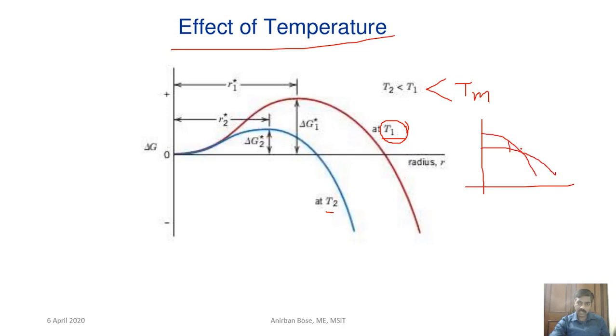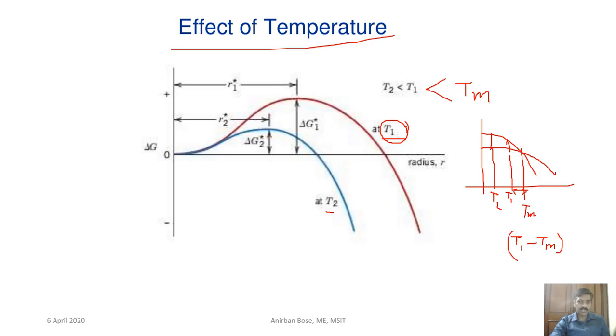If this is the melting point, and this is say T1, and maybe this temperature is say T2. So here you can see close to Tm, so this undercooling is small basically. This difference, that is T1 minus Tm, is called undercooling or the supercooling at this temperature.